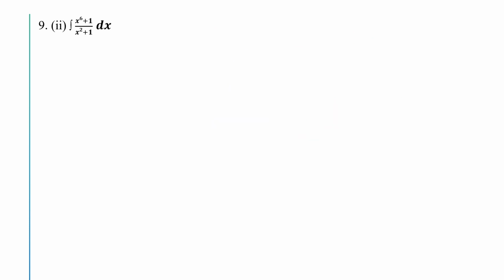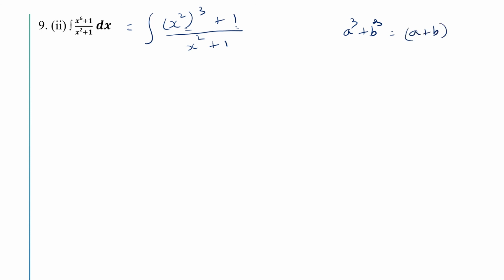The next question, integral x raised to 6 plus 1 divided by x square plus 1 dx. Integral x raised to 6, we can write it as x square the whole cube plus 1 divided by x square plus 1. So this is of the form a cube plus b cube. We know that a cube plus b cube is equal to a plus b into a square minus ab plus b square.